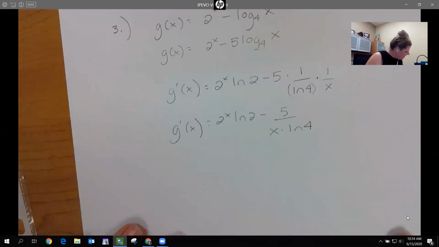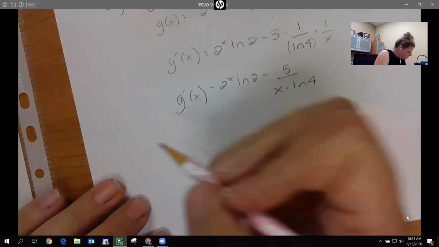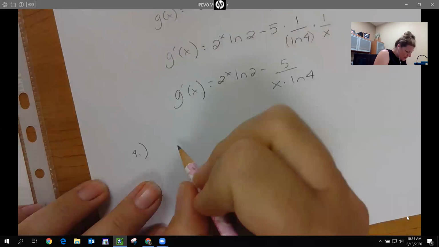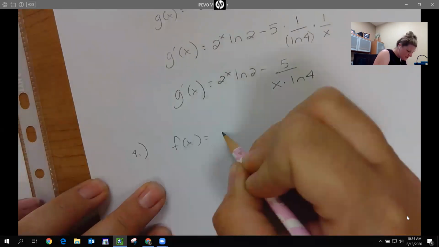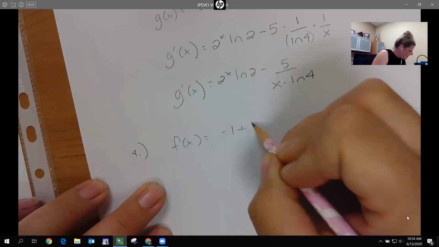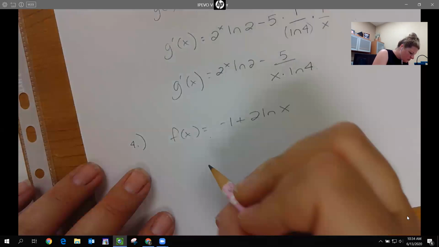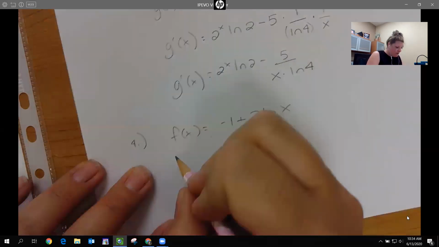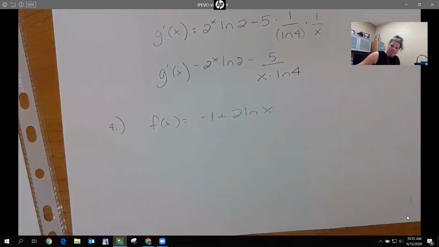Okay, what if we have something like f of x is equal to -1 plus 2 natural log of x, and you want to find the equation of the tangent line at x equals 1. Oh, make that piece bigger.